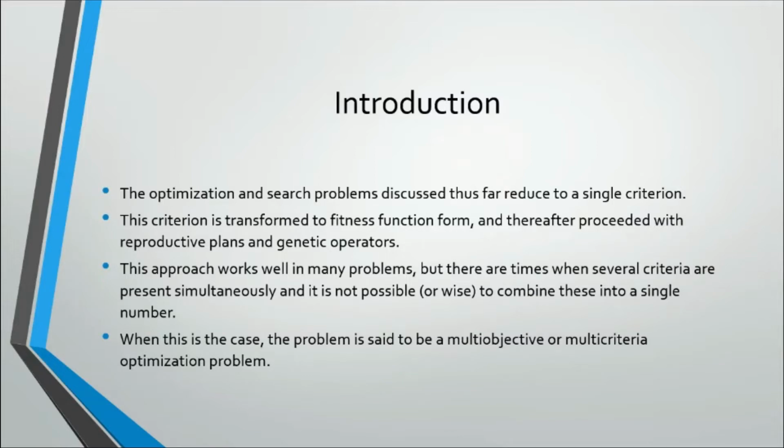And in some cases, these criteria or objectives cannot be combined together into a single number. Like in our case, we can convert the price in terms of rupees or dollars, but the comfort cannot be converted in terms of rupees or dollars. In monetary terms, you cannot express the comfort. So that is the difficulty.